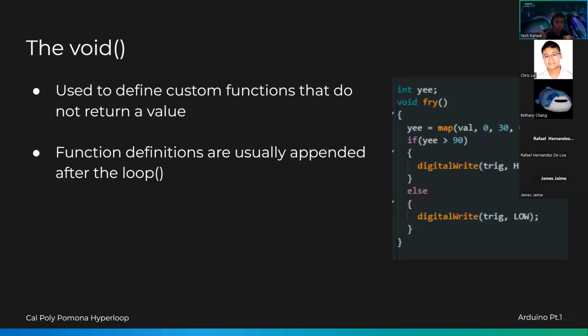So at the end, it'll return a number or whatever variable you're returning, and you can set that equal to a different variable. Void right here just does what it wants to do, runs its little code, and then continues on.